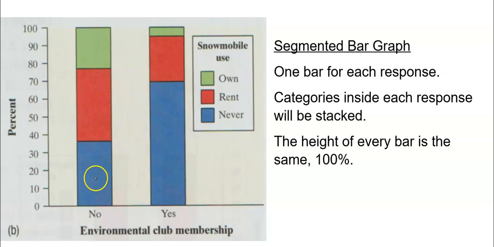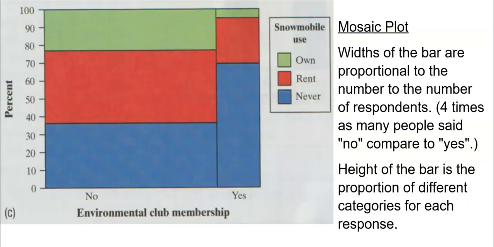This is the exact same data as the other graph. We've got 36% right here, about 41% right there, and about 23% in that bar. Same as the other one, just stacked, and that's called a segmented bar graph.